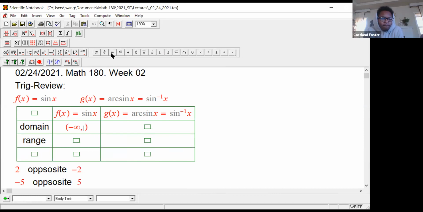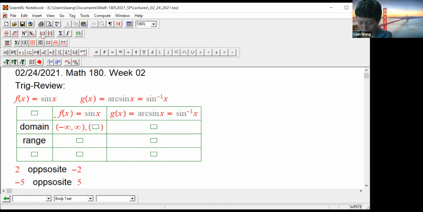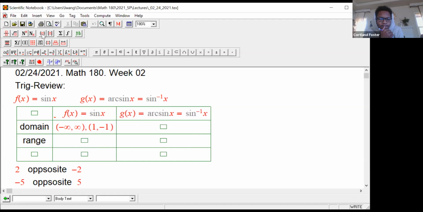Very good. And Cortland says 1, -1. What is that for? I thought that was the domain. Cortland thinks that's the domain. Isn't that just the minimum and maximum?